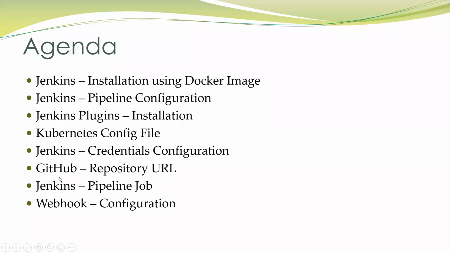After that we will add the GitHub repository URL, and we will create a pipeline job in Jenkins. And at the last, we will do the webhook configuration. So we'll follow these steps for the CI/CD pipeline.